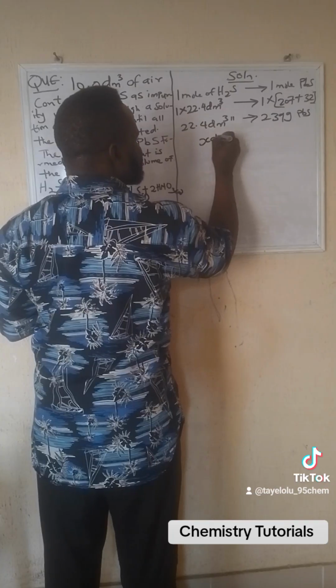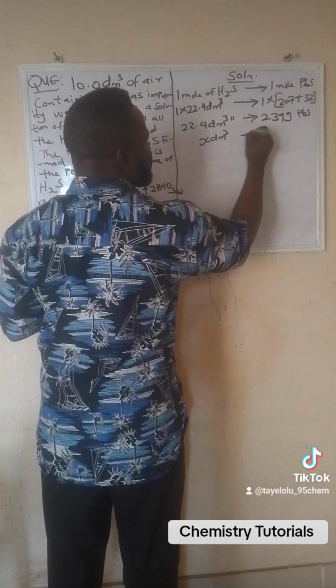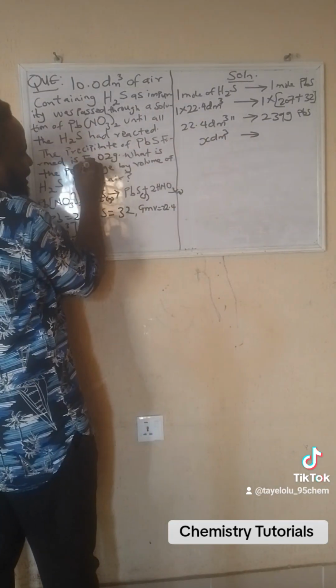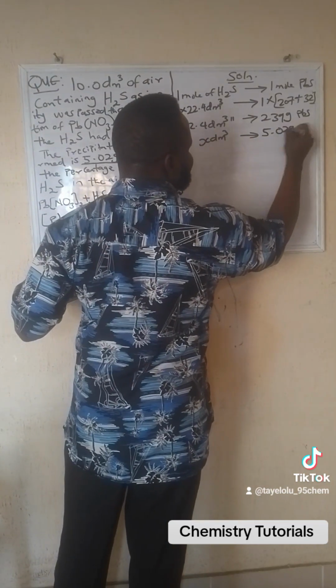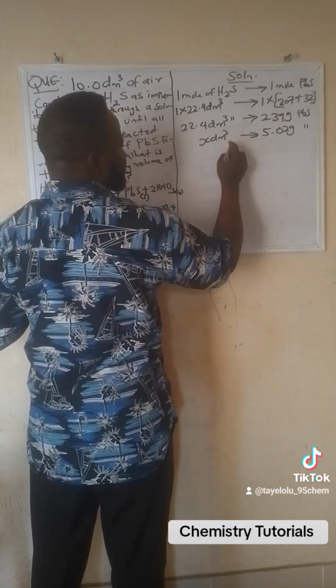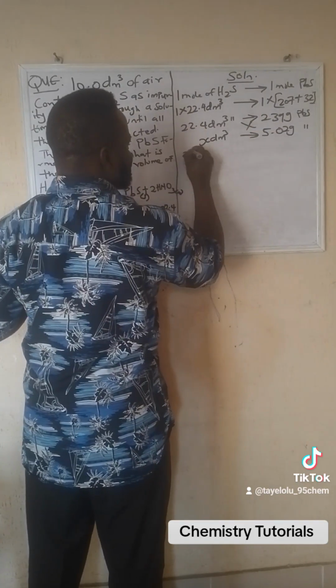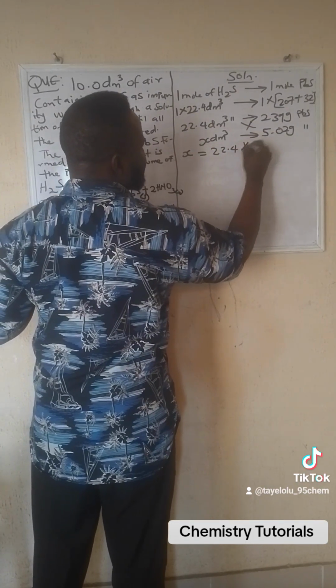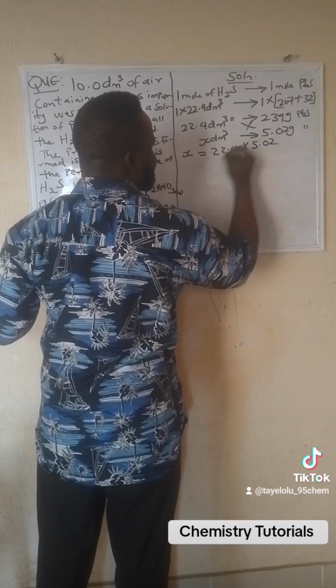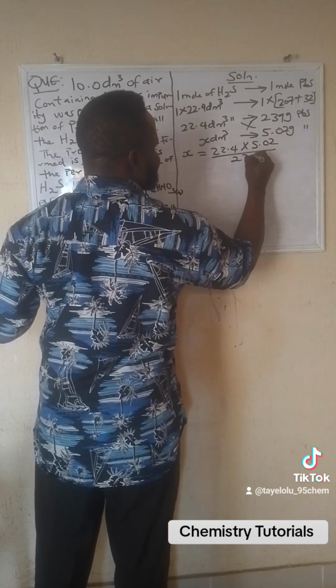So what volume of hydrogen sulfide will now produce the one indicated by the question, 5.02 grams of lead(II) sulfide? Then we cross multiply. So X will be equal to 22.4 multiplied by 5.02 divided by 239.